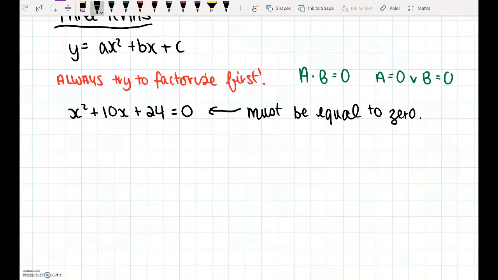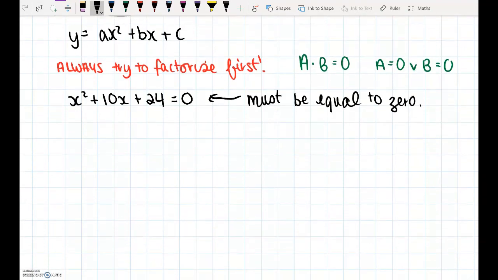Now we can factorize. So, you might remember that what we do is we look for two numbers that multiply to give 24 and add to give 10. So I'm going to do this the long way for now, just in case people have forgotten. So they need to multiply to give 24 and they need to add to give 10.